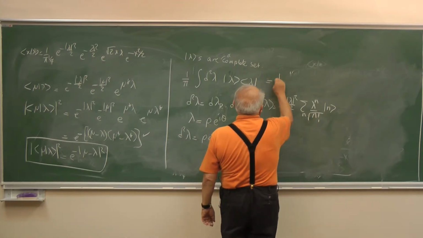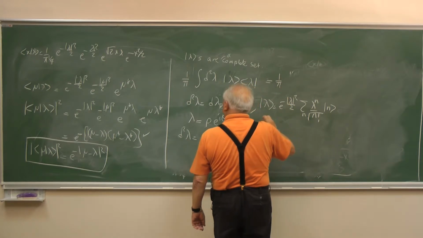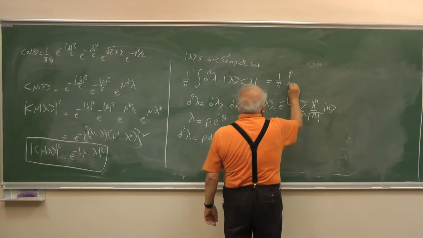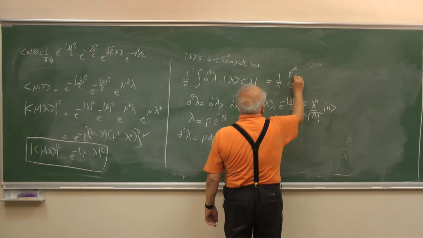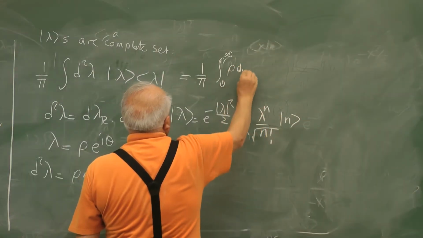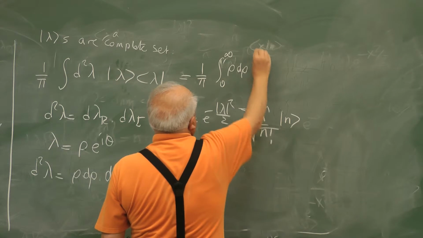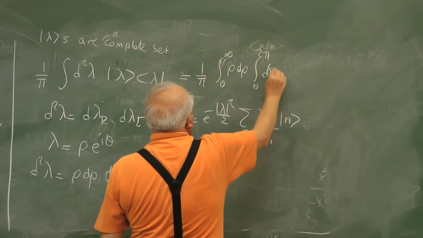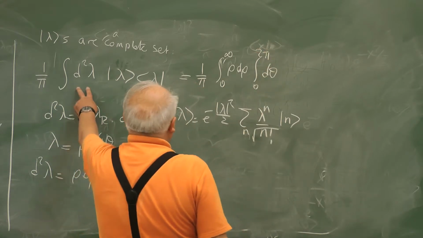So I will just use this here. This is equal to 1 over pi, integral from 0 to infinity rho d rho, integral from 0 to 2 pi d theta. We simply wrote that.